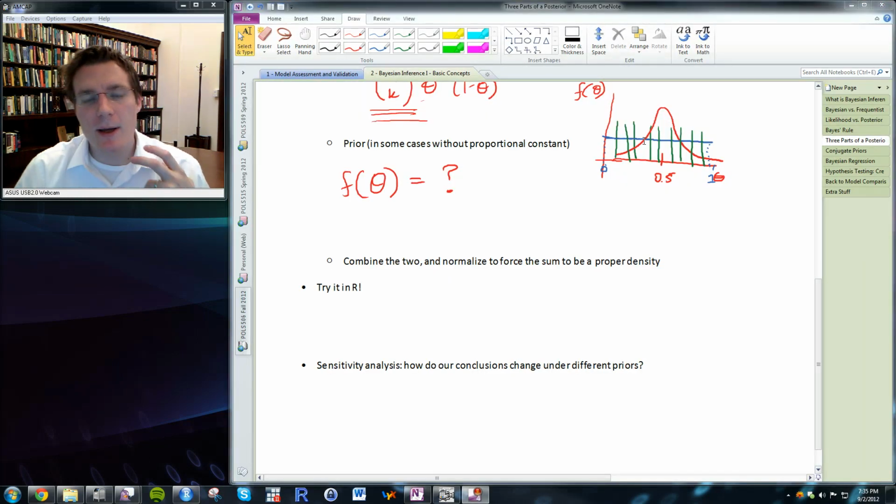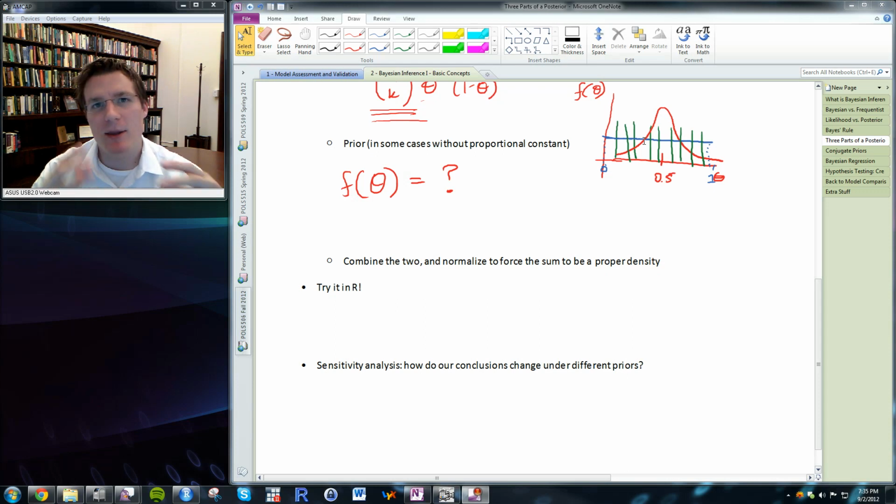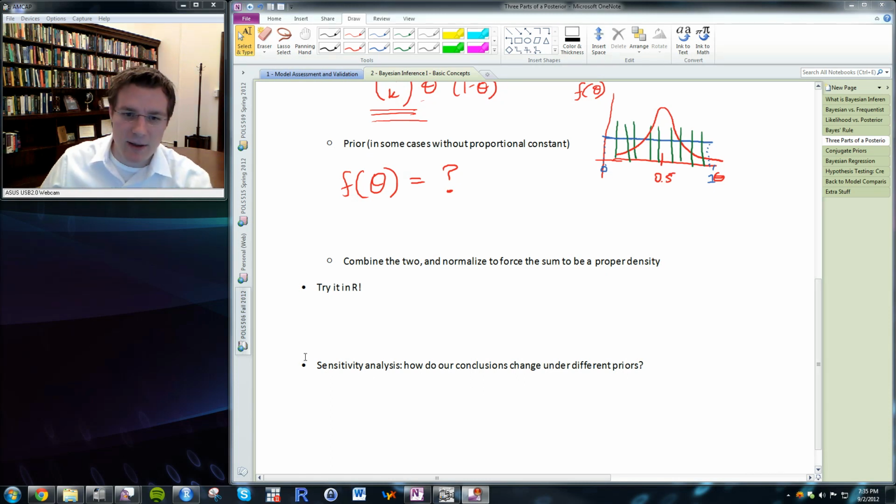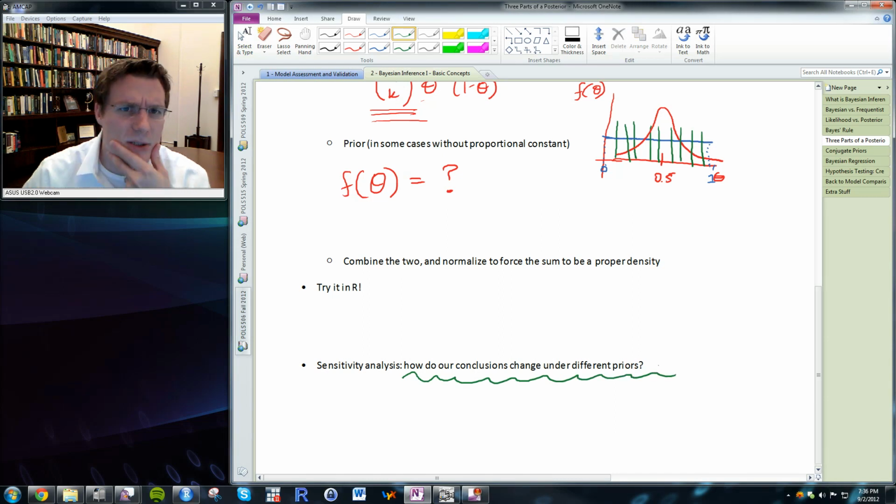So from our analysis of how the prior and the likelihood combine to create a posterior density, you might immediately be thinking, well, gee, our conclusions seem to be related to what we believed prior to this analysis being conducted, which, as we discussed, makes perfect sense.